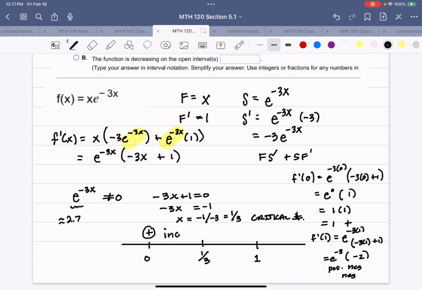And you can get the actual value if you want to. That means it is decreasing on the right side of the critical number. So it increases from negative infinity to 1/3, and it decreases from 1/3 to positive infinity.